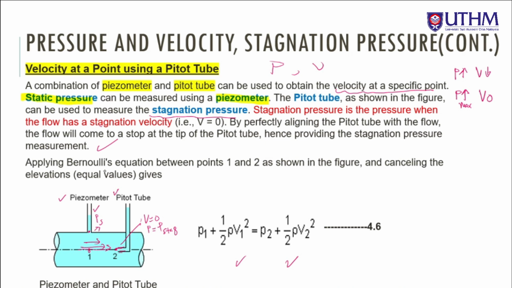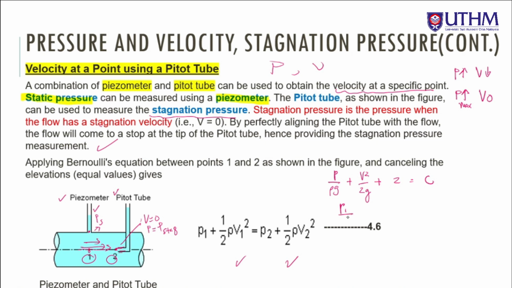Okay. And by applying the Bernoulli equation between point 1 and point 2, kita dapat this equation. Ingat lagi, kita tulis banyak kali P over rho G plus V squared over 2G plus Z equals to constant kan. Okay, so yang ni antara point 1 dengan point 2.